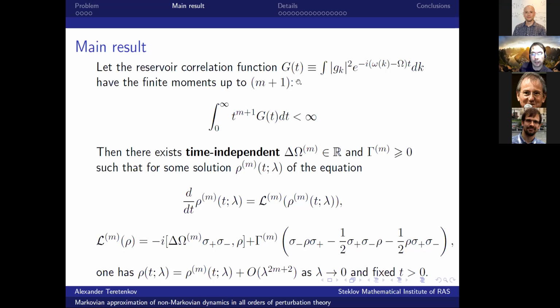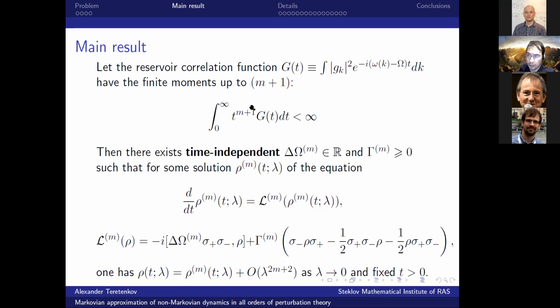Then, if we have enough moments of the reservoir correlation function, you could approximate with this precision the exact solution of this model for the reduced density matrix. So the evolution of the reduced density matrices could be approximated by evolution defined by the GKSL type equation with constant coefficients.